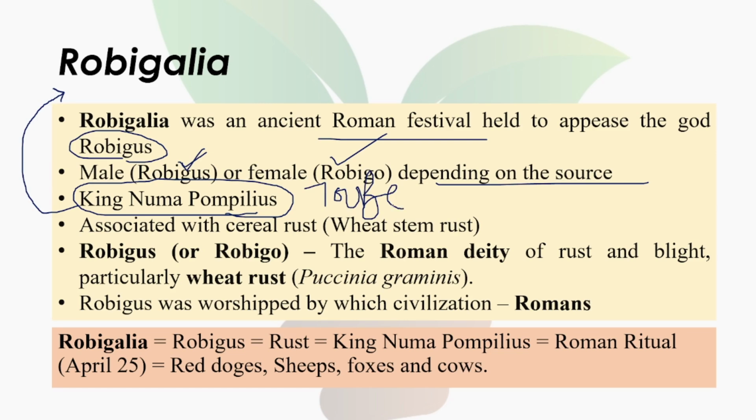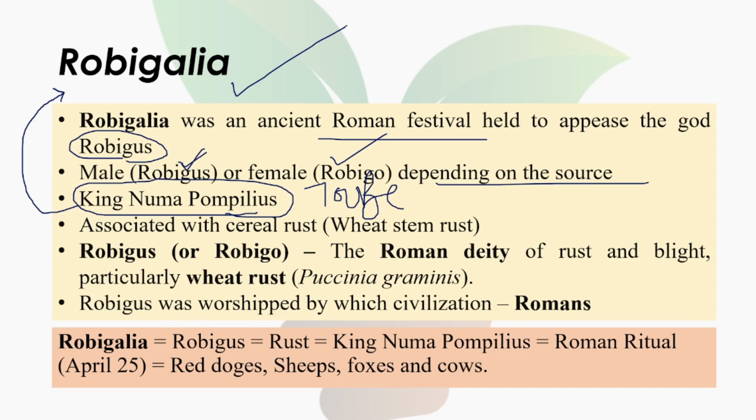From 700 BC to now, 2025, it's around 2700 years. With time, borders have changed, traditions have changed, kings and kingdoms have changed, everything has changed, but the tradition is still continuing.